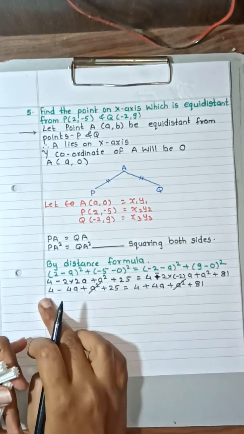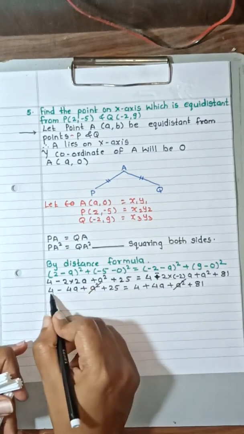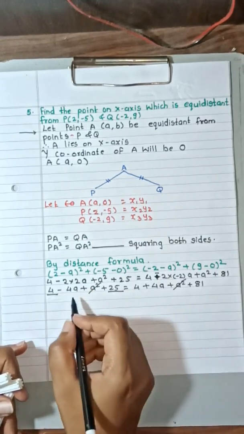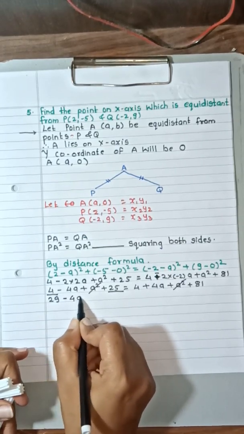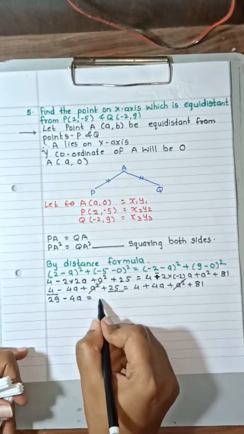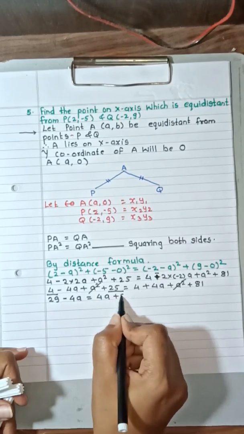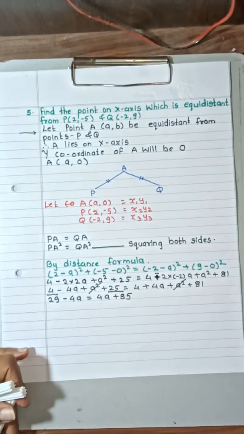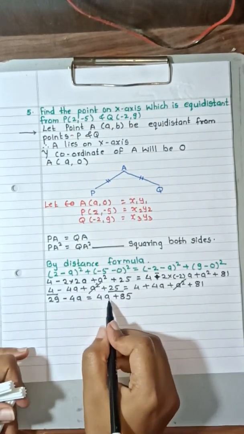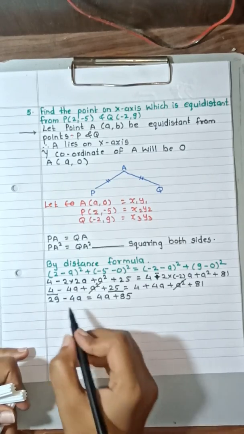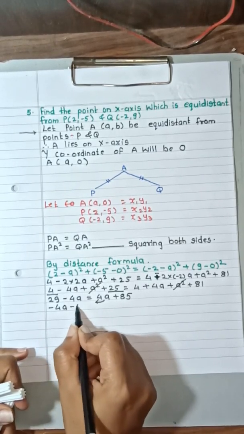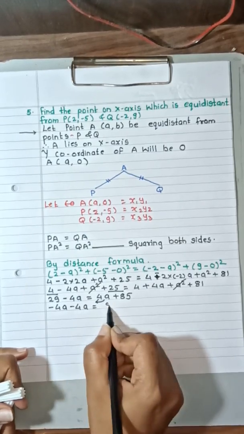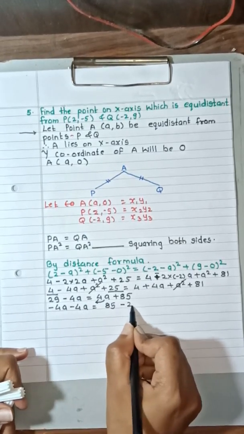Okay, now this plus this. Now this will be 29 minus 4a is equal to 4a plus 85. Okay, 4a plus 85. Now this 4a will take to one side. This will be minus 4a. This will move to this side, that is minus 4a minus 4a is equal to 85 minus 29.